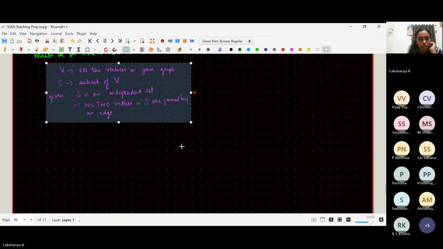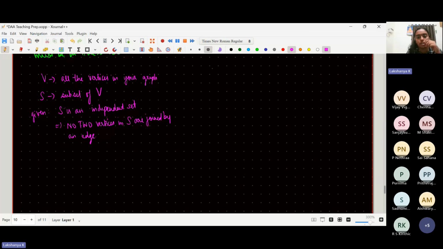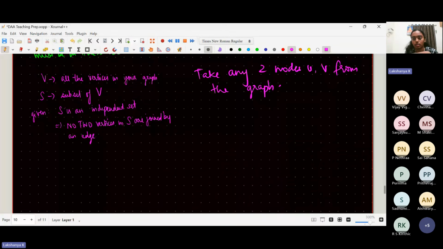Now, take any two nodes u, v from the graph. So these are vertices. What are the possible cases?